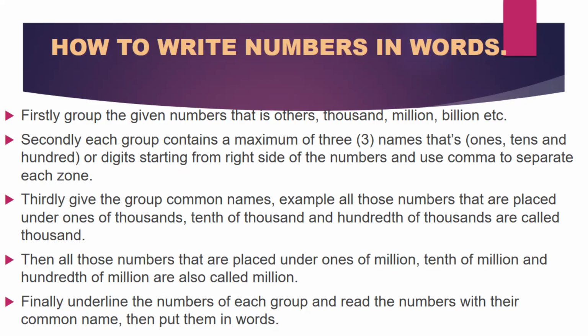The same thing, all those names or numbers that will be under the ones of million, tens of million, hundreds of million are also called what? Million. All those names that will be ones of billion, tens of billion, hundreds of billion are called billion, okay?